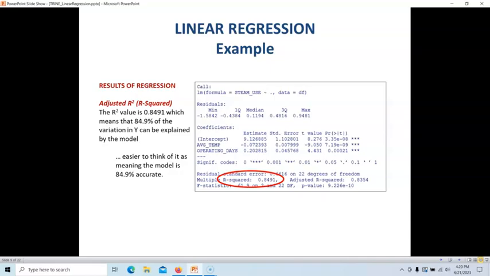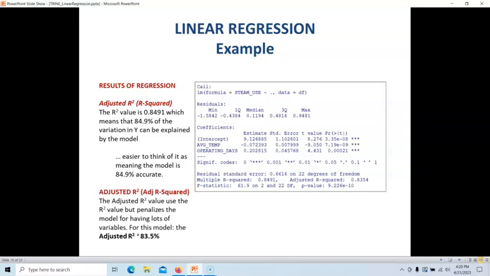That's not entirely precise. It's not a precise way of thinking about it, but it's a good rule of thumb. Just say our model is 84.9% accurate. Now, in the real world, they tend to use the adjusted R squared, not the R squared, but they use this guy over here, the adjusted R squared.